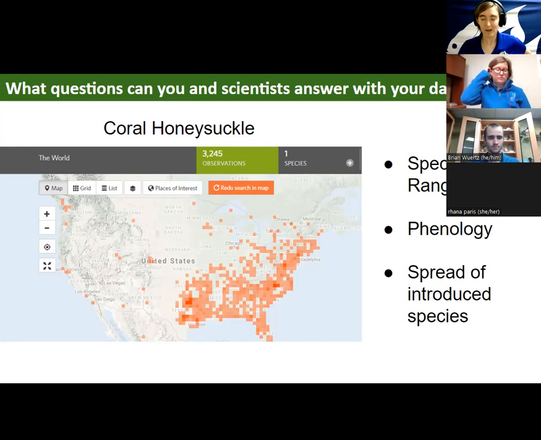And once it's in these databases, scientists can pull the information down and do a lot of really cool, really complicated statistical analysis on it to try to answer a lot of important questions.